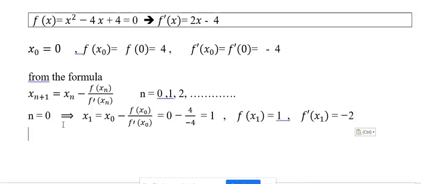We put n equals 0, so x1 equals x naught minus f of x naught over f dash of x naught. x naught here is 0, f of x naught is 4, and f dash of x naught is minus 4, so minus on minus, the result is positive. 4 over 4 is 1, so x1 equals 1.